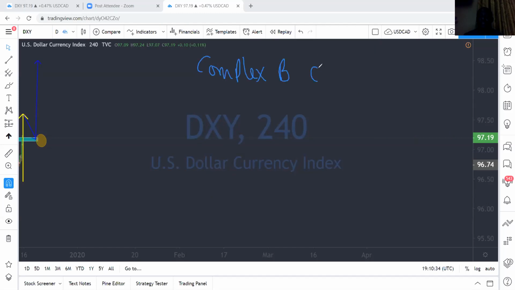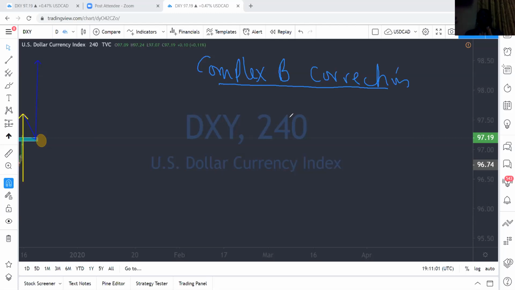Now, today, we are going to look at what is called complex B correction. This is a simple concept, but many people will not understand it. And this complex B correction will occur almost everywhere in the chart. But if you don't understand this concept, you won't be able to appropriately distinguish the A wave from the B wave and from the C wave.